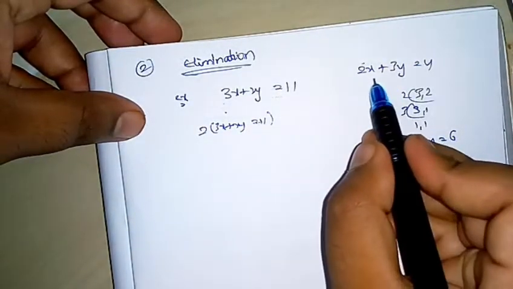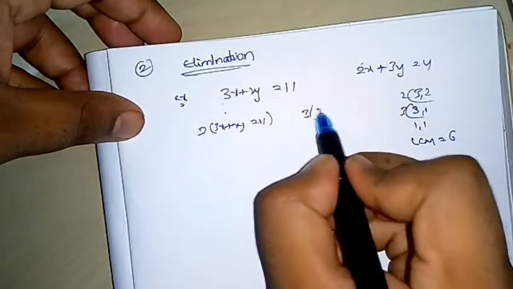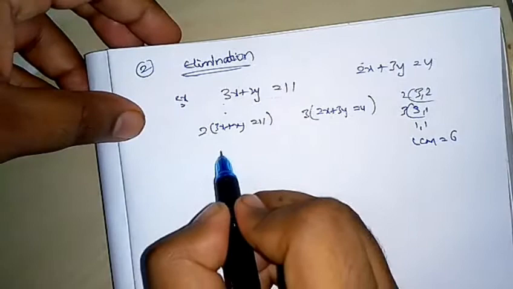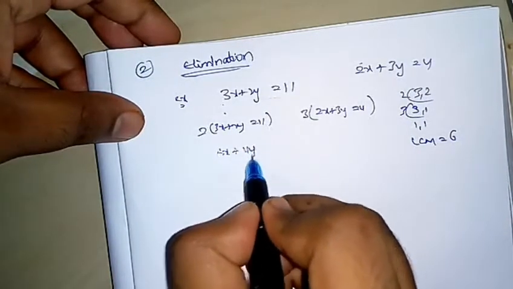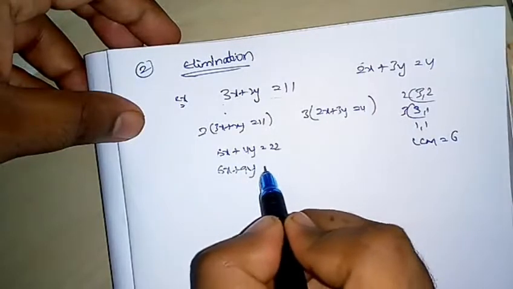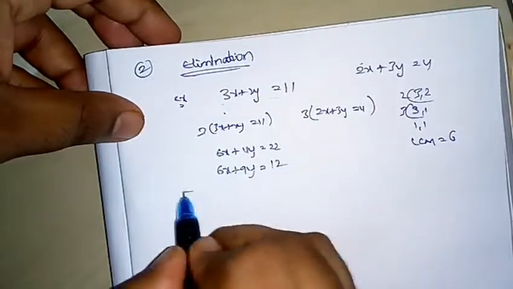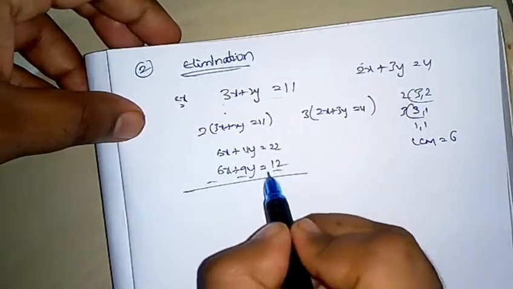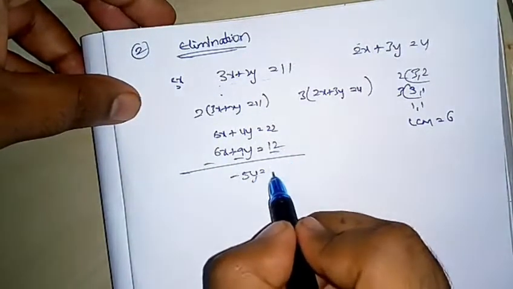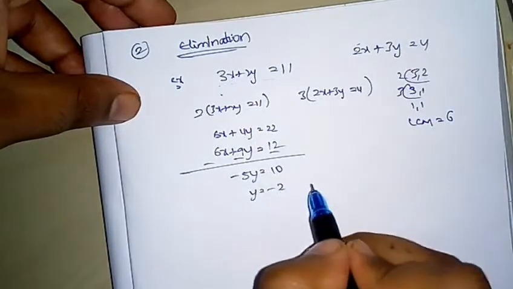Next, multiply this equation with 3: 3 into 2x plus 3y is equal to 4. So it will become 6x plus 4y is equal to 22, and 6x plus 9y is equal to 12. Now do subtraction. You get minus 5y is equal to 10. Therefore y is equal to minus 2.